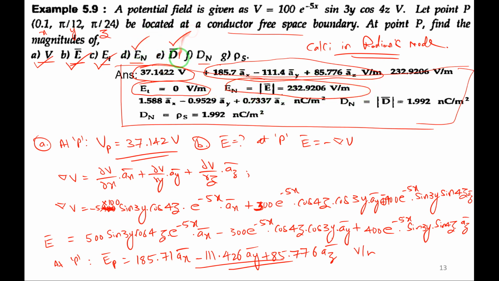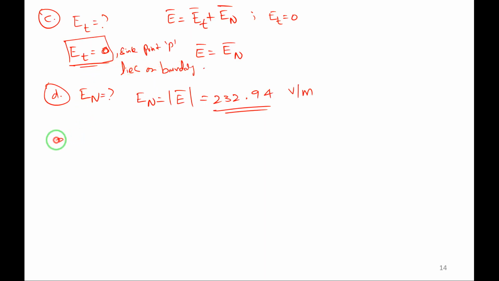Next, calculate D vector. So we know the relationship between D and E vector at point P: D vector is equal to epsilon naught times E vector at point P. What is epsilon naught? 8.854 into 10 power minus 12.